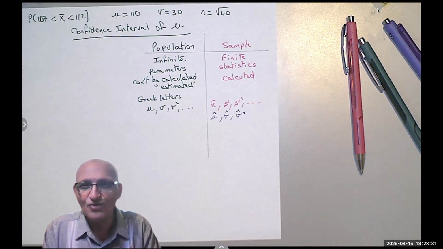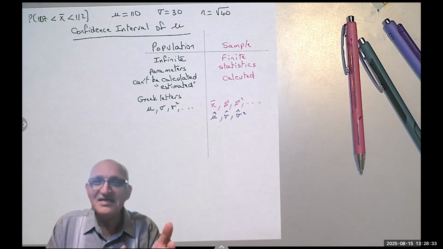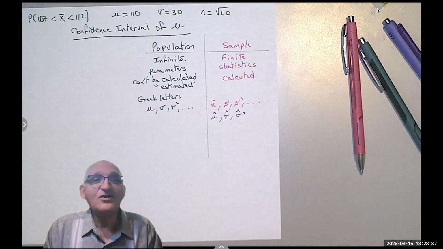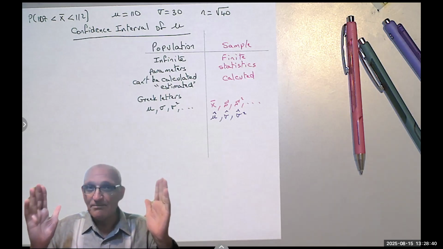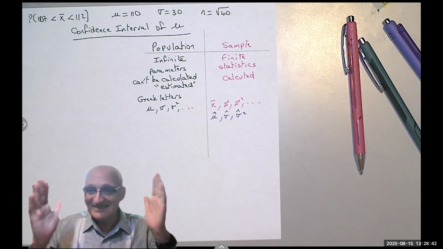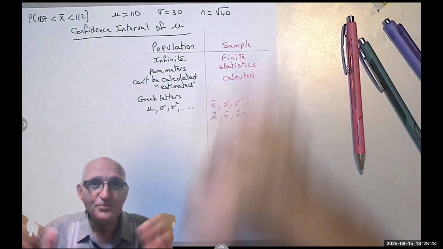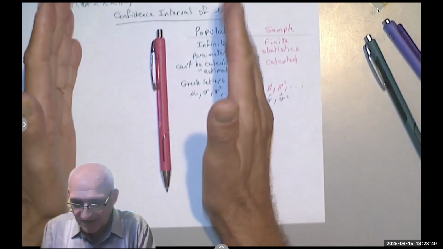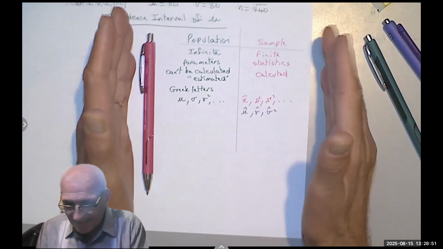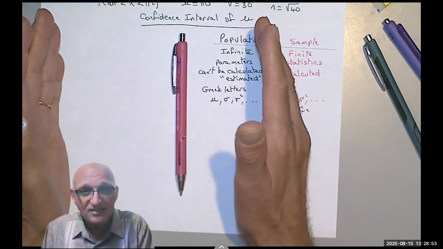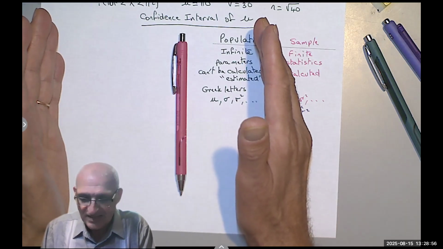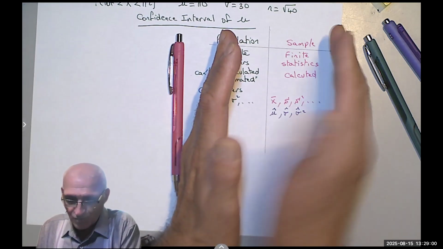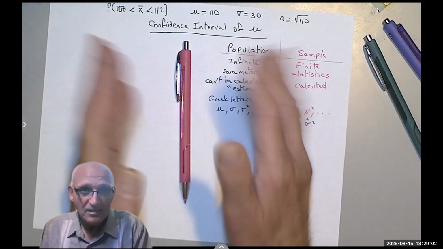I know it doesn't make perfect sense to you when you hear it the first time, but if I give you two numbers, I am confident that these two numbers capture mu between them. So it's like mu is here. 95% of the time, I will give you numbers that include mu, but 5% of the time, maybe 2.5%, I will give you these two numbers, and 2.5% I give you these two numbers. So mu is outside. Okay?